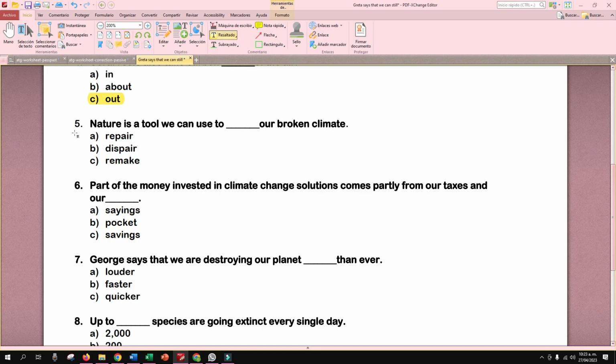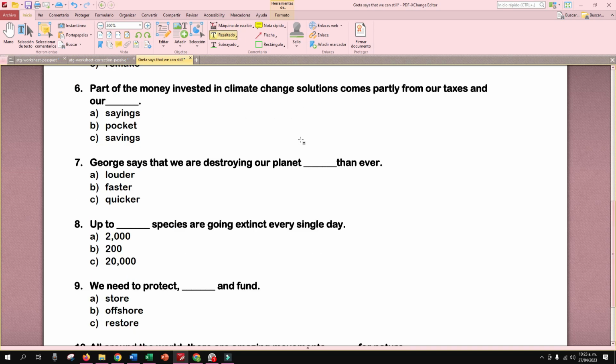It's repair. Repair, yes. Nature is a tool we can use to repair our broken climate, right. Excellent. Let's see this one.